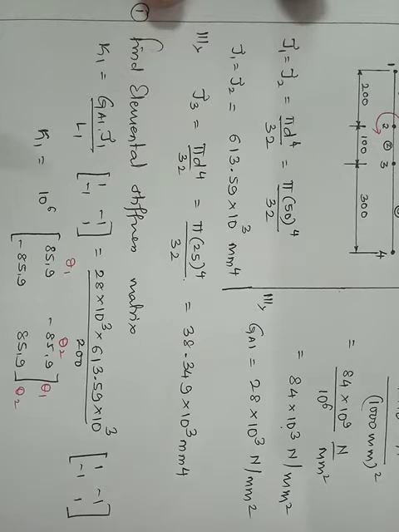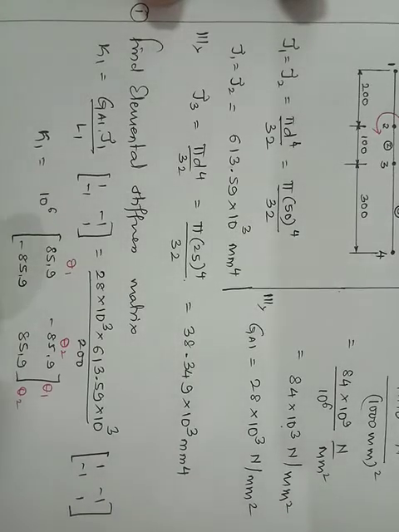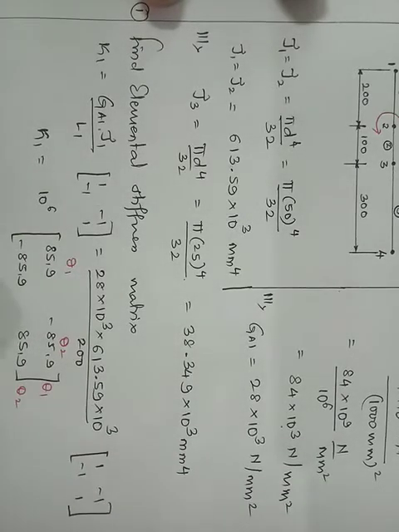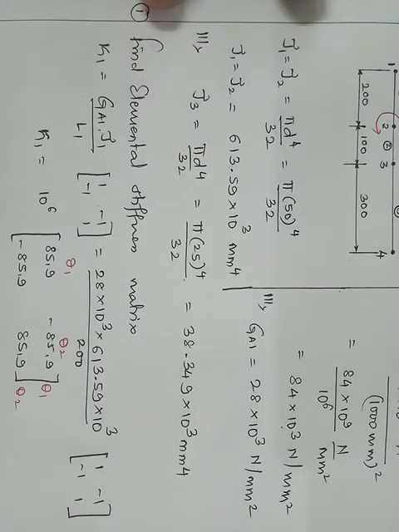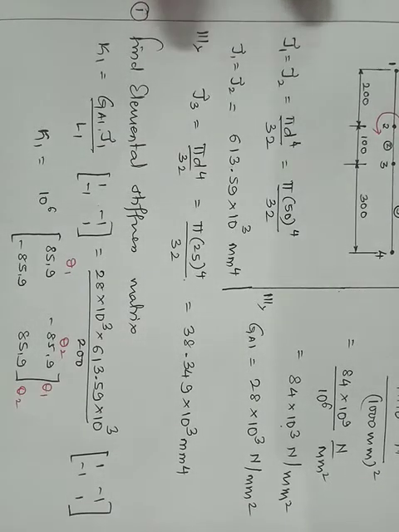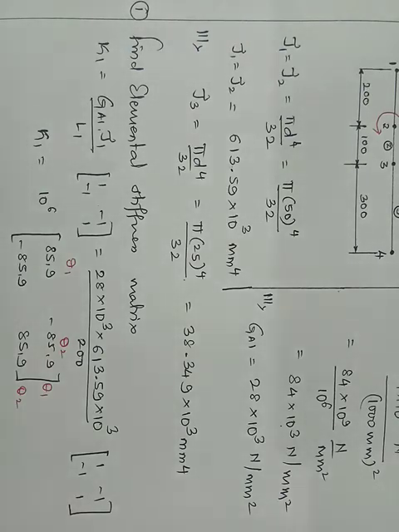Associated nodes are theta 2, theta 3, theta 2 and theta 3. Right? Fine. Theta 2, theta 3, theta 2, theta 3.